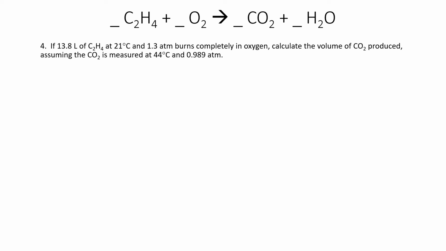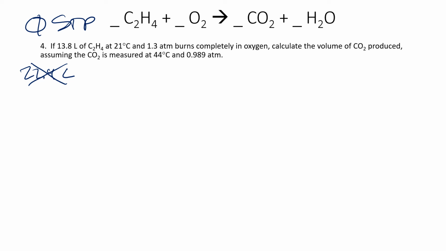If 13.8 liters of C2H4 at 21 degrees Celsius at 1.3 atmospheres burns completely, calculate the volume of CO2 produced, assuming the CO2 is measured at a different temperature and a different pressure. So here, you'll notice that none of these are at STP, so we cannot use 22.4 liters.